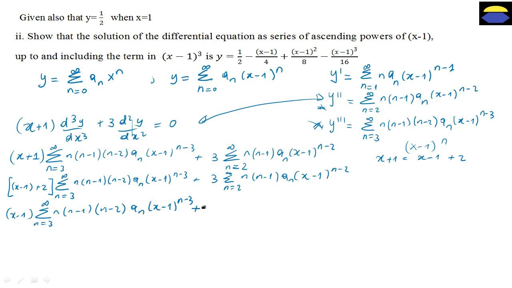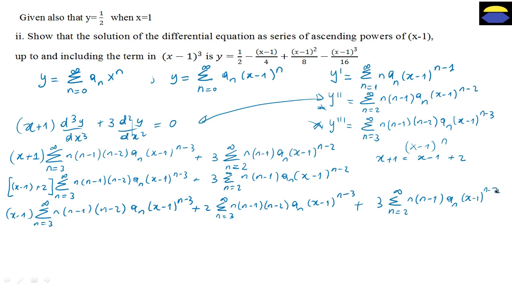Now it will be plus 2 times that same sum to infinity, n minus 1, n minus 2, a sub n, x minus 1 to the power n minus 3, like so, and then plus 3, the sum from n equals 2 to infinity, n minus 1, a sub n, x minus 1 to the power n minus 2.